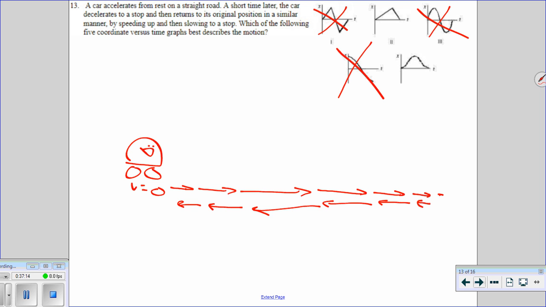And if it's doing the same thing both ways, it should be symmetrical, which rules out this one, right? The other problem is this one doesn't show speeding up and slowing down, does it? No. This shows constant velocity forward, faster constant velocity backwards. So we need it to speed up, slow down, stop, then reverse direction. So, cool?